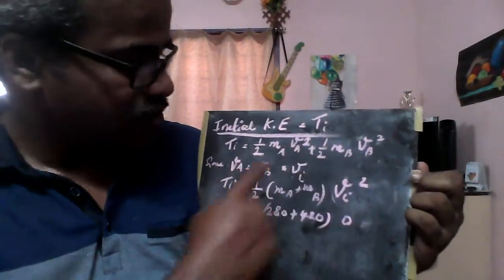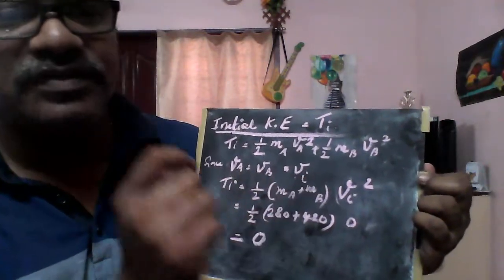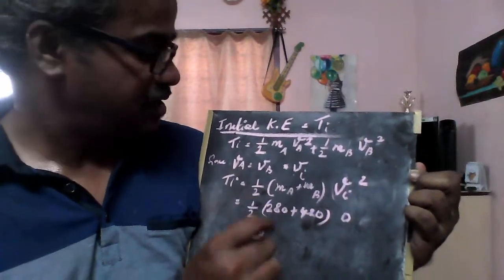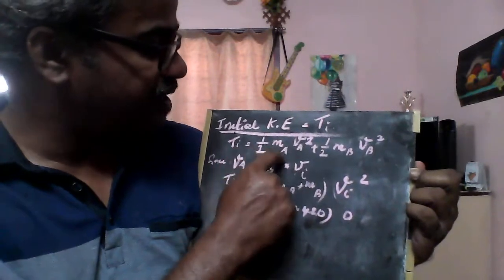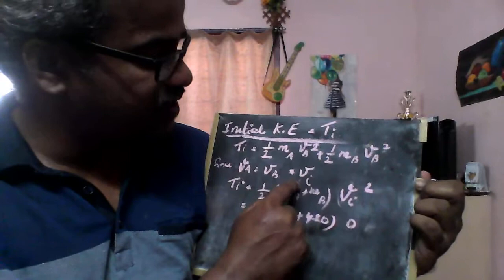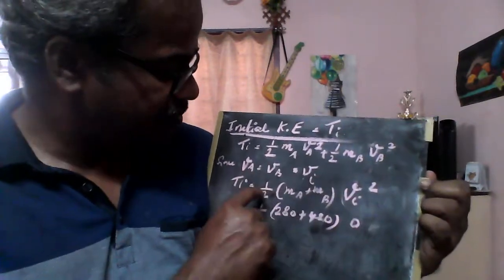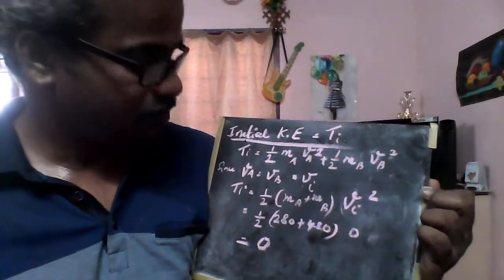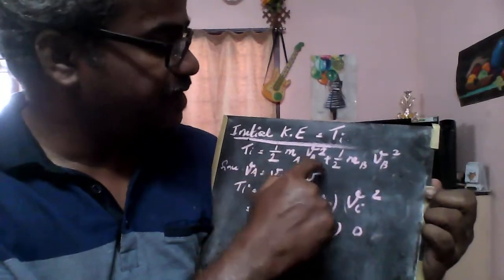Here Va and Vb are equal to Vi, the initial velocity of the bodies. So Ti is equal to half into Ma plus Mb into Vi square, since I have taken Vi square outside.